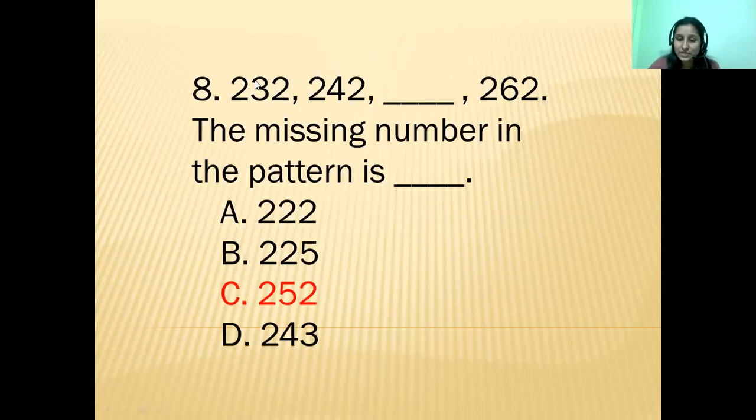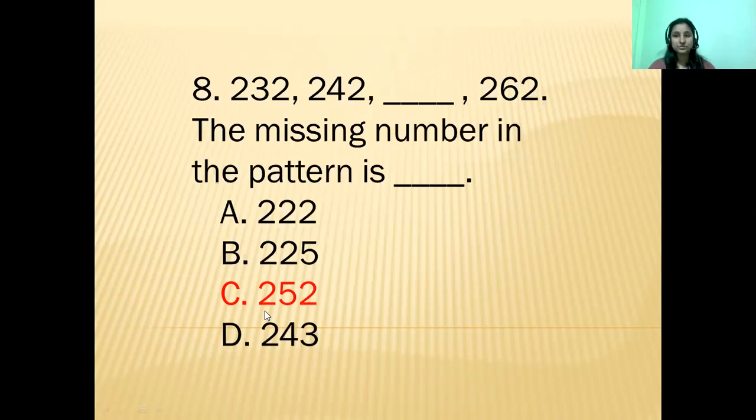See the tens place. Here is the 3, here on the tens place we can see 4, and here the 6. That means which number should come here? 5. See the tens place only: 3, 4, 5, 6. The tens difference is 10: 32, 42, 52, 62. The answer is option C.